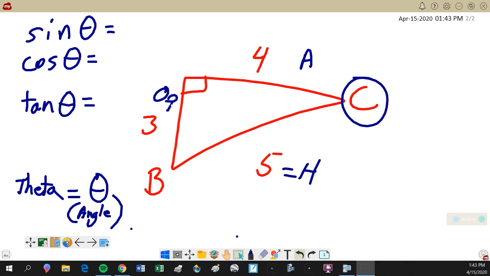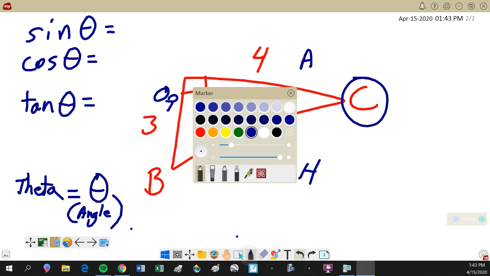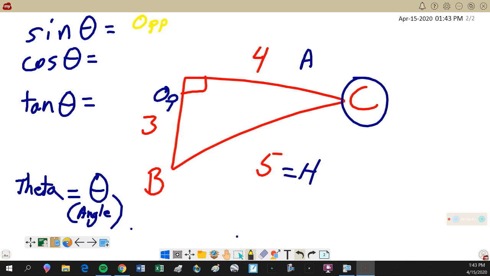So I really wish you could be in class so you could ask questions. But the sine of theta is always calculated by taking the opposite side, whatever it is, and you divide it by the length of the hypotenuse.